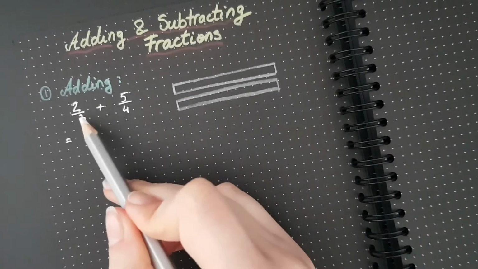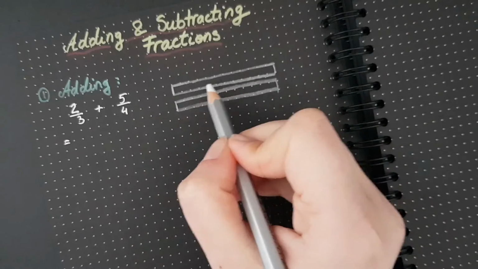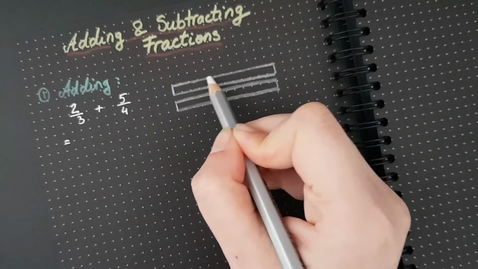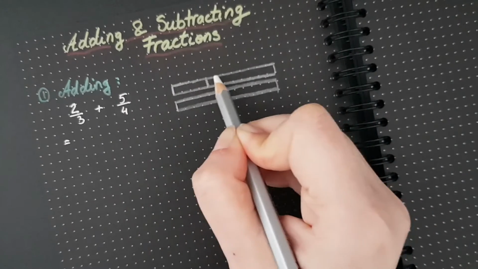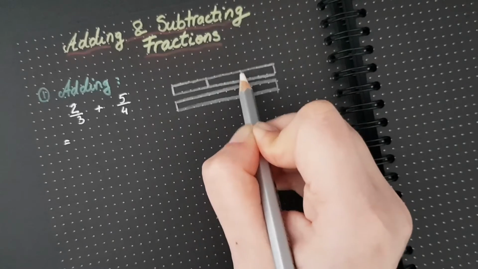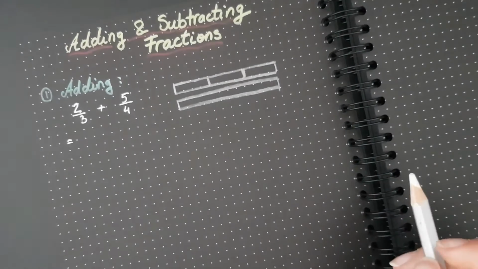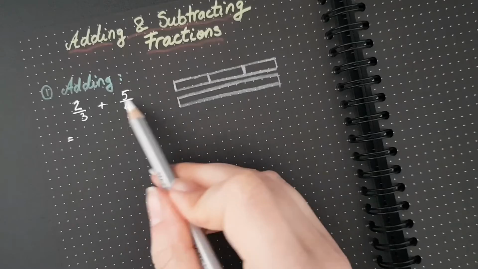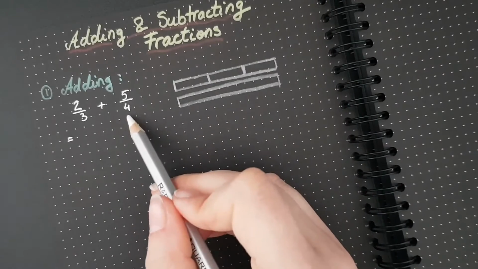And in one of them I'm adding 2/3, kind of like this, approximately split correctly. And in the other one I'm adding 5/4.